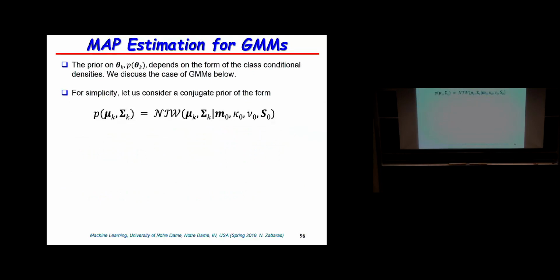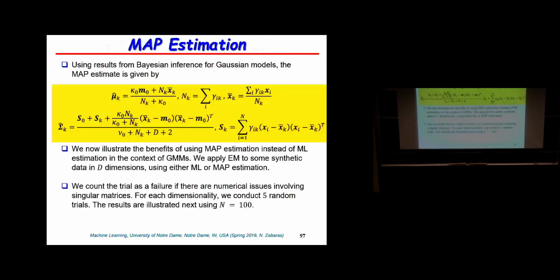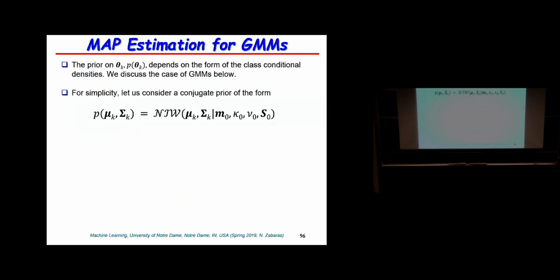So you are going to use a prior that is a normal inverse Wishart distribution with parameters mu0, k0, nu0, S0, right? You remember a normal inverse Wishart means the conditional distribution of mu given sigma is a Gaussian, and then you have an inverse Wishart distribution for sigma.